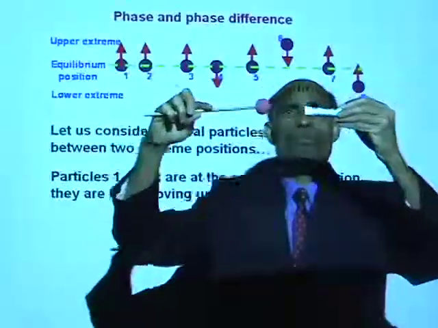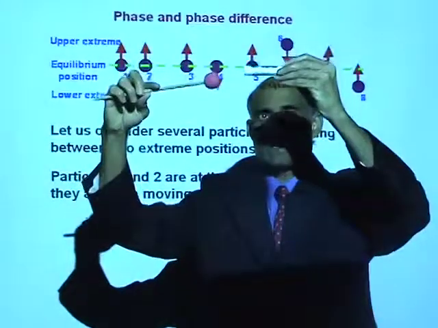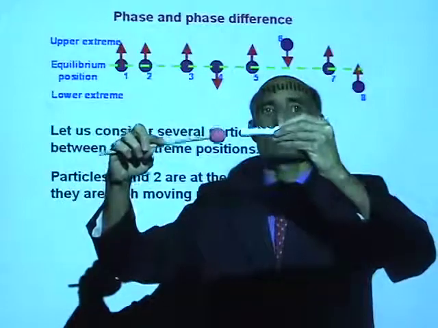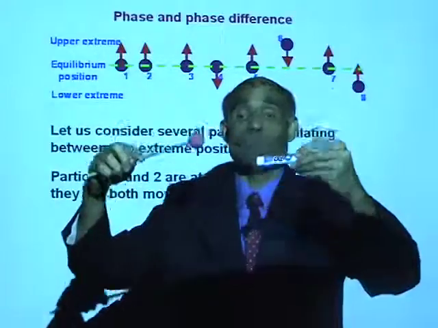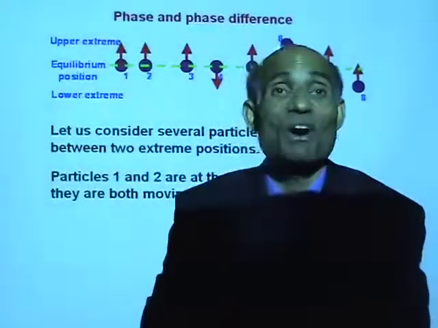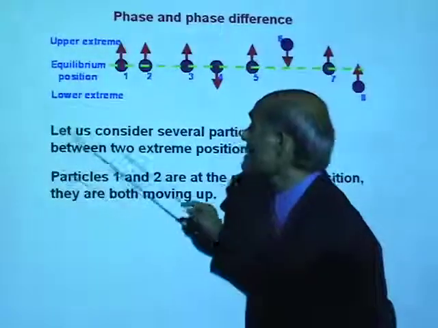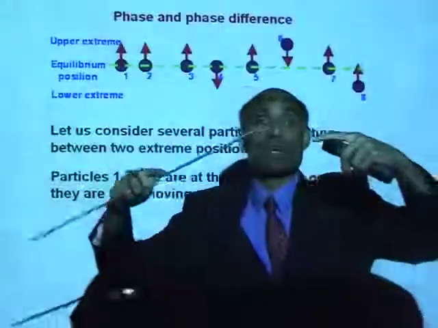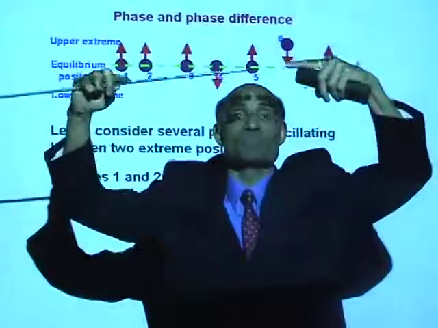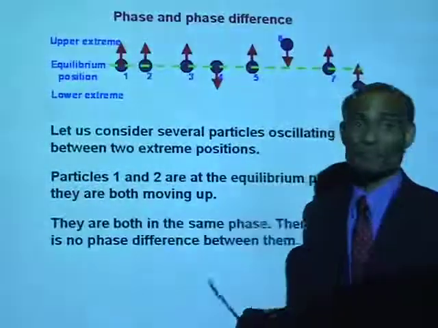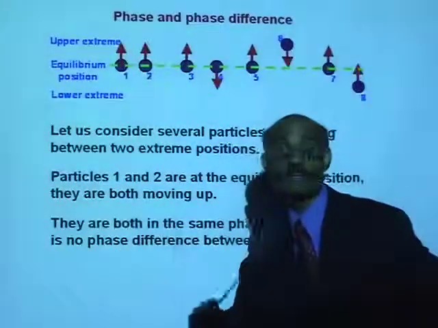If I have particle 1 and particle 2, they are both moving up together, back to the equilibrium, down, back to the equilibrium. We can say they are both in the same phase of vibration. So particles 1 and 2 are in the same phase of vibration because they will always be at the same positions. You see, they are in step. They are both in the same phase.